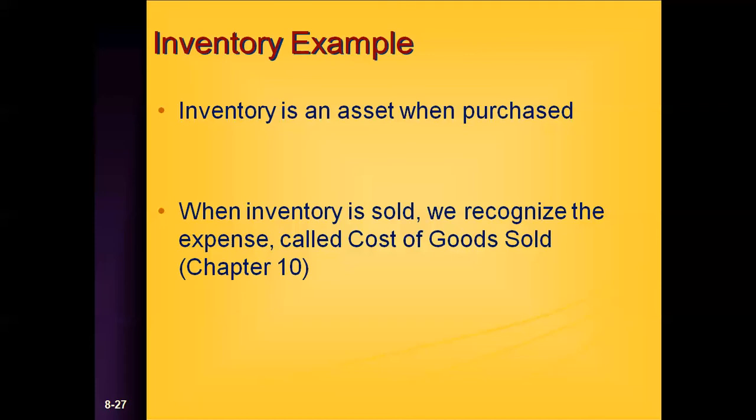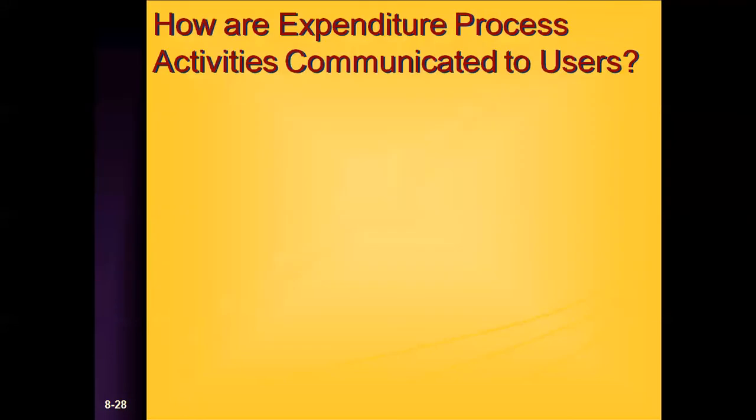However, when we sold the cup of coffee, which would include a cup, maybe a lid, some sugar, some cream, and the cartridge itself, those inventory items would be recognized as an expense, called cost of goods sold.